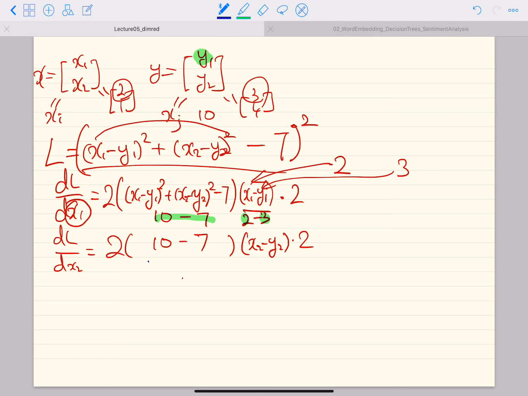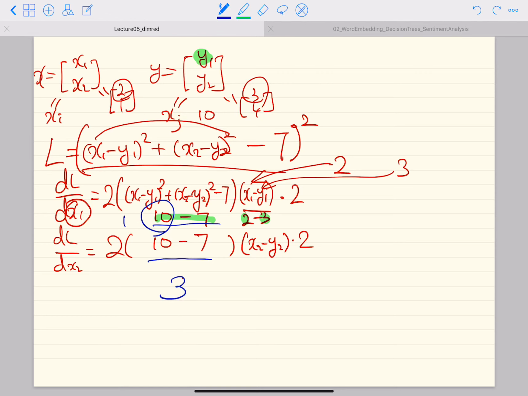right? And so the gradient is proportional to the difference between the low and the high dimensional distance. So if the ideal distance is 7 and our current distance is 10, then we have 3 over here. But if we have maybe 12, then this value is 5, right? So this gradient will be proportional to the difference between the low and the high dimensional distance.